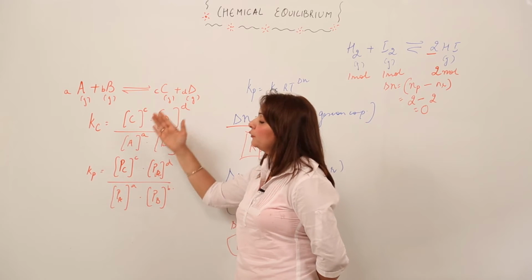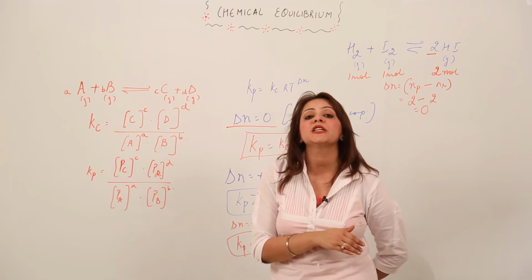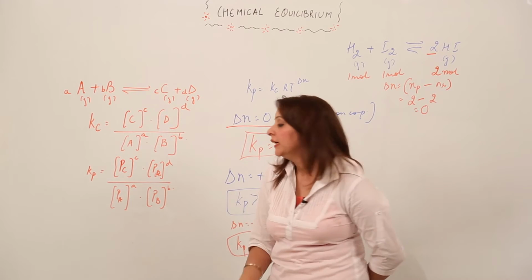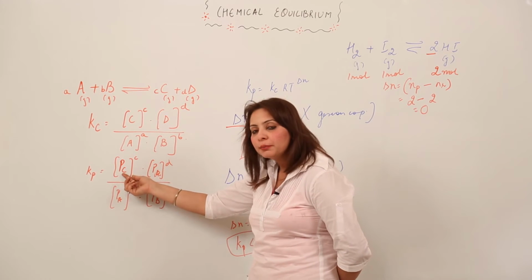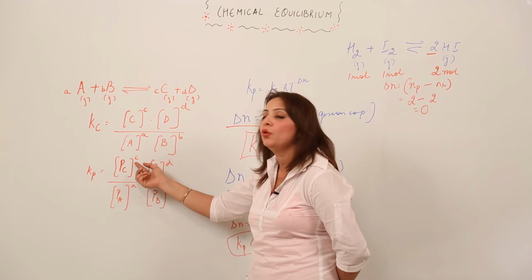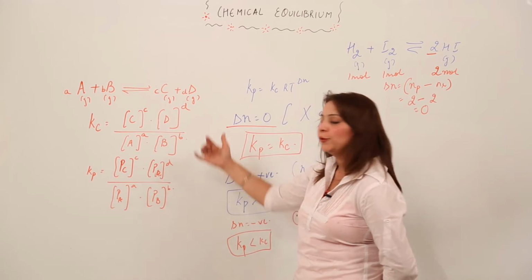And if it involves a gaseous component, we can write the expression in terms of partial pressure, as we have done. Just write the partial pressure of the component, whether reactant or product, and the moles if they are present. So this is how you can write it.